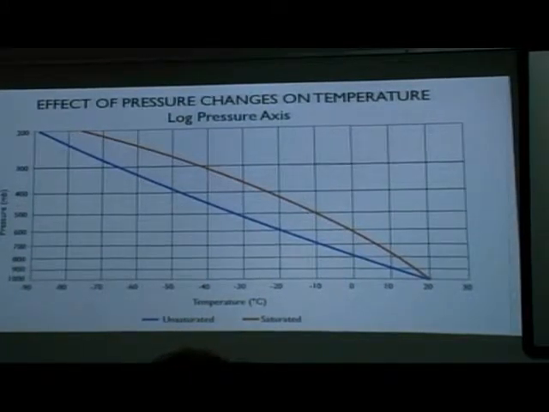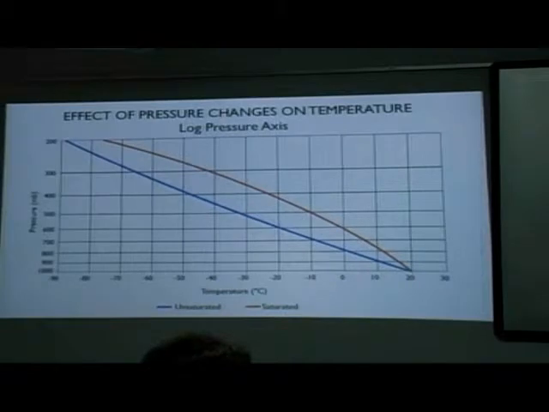Now, to make those lines straighter, which makes things easier to read, I changed my vertical axis to a log axis. So the lines are much closer together at the bottom and get further apart as you go to the top. It's just a logarithmic scale.